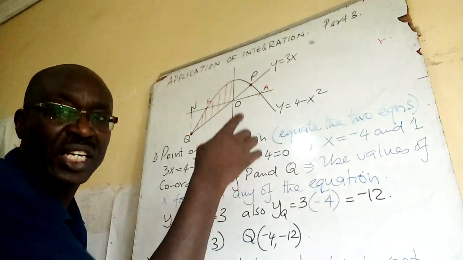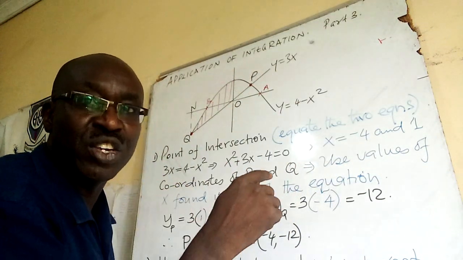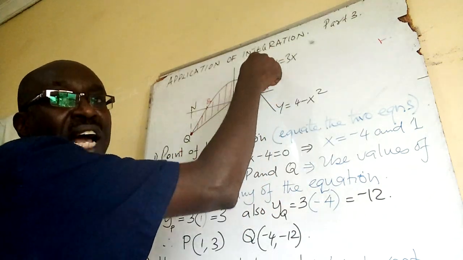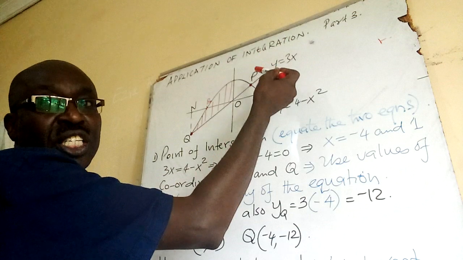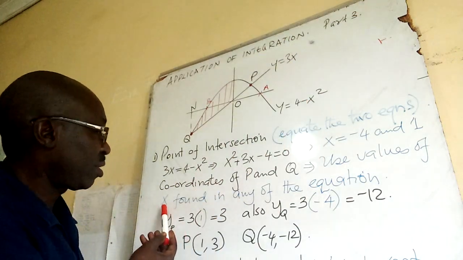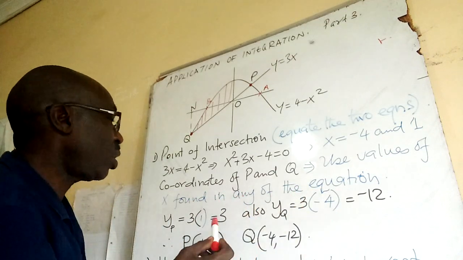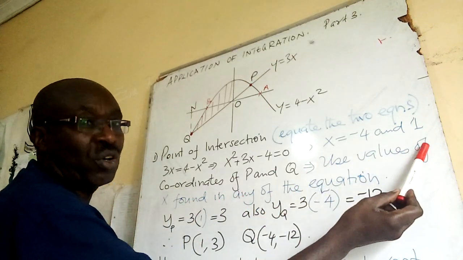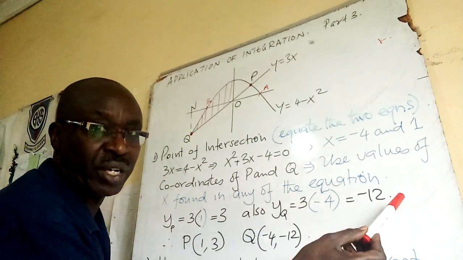Since it is a point of intersection, you can take the x values and put them in either of the equations. In this case, this equation is easier to use rather than this. So use the values of x found in either equation.